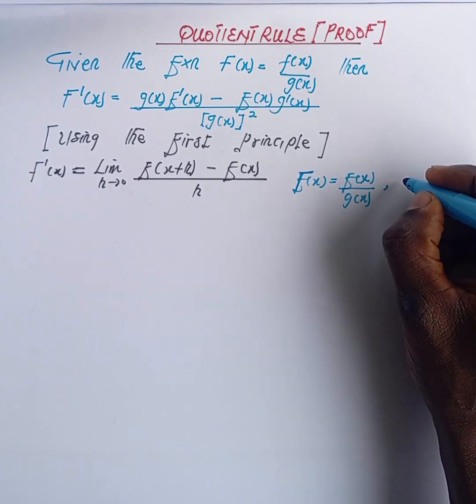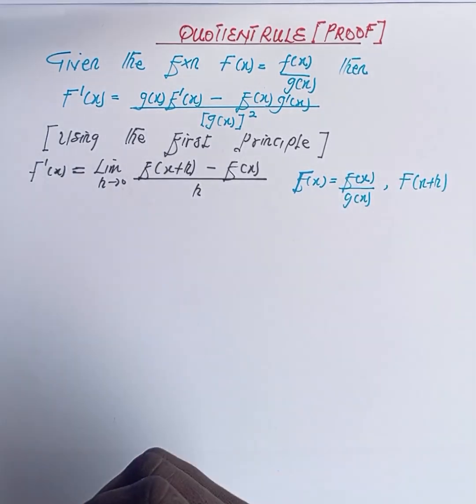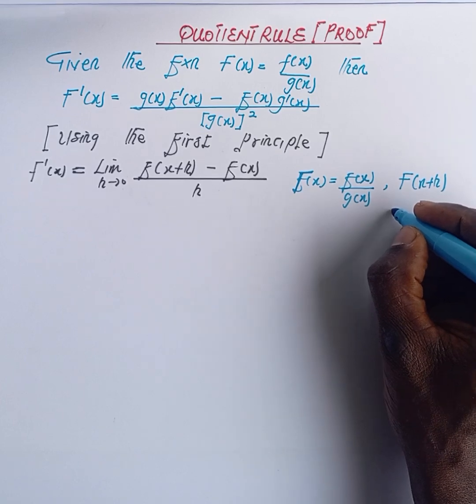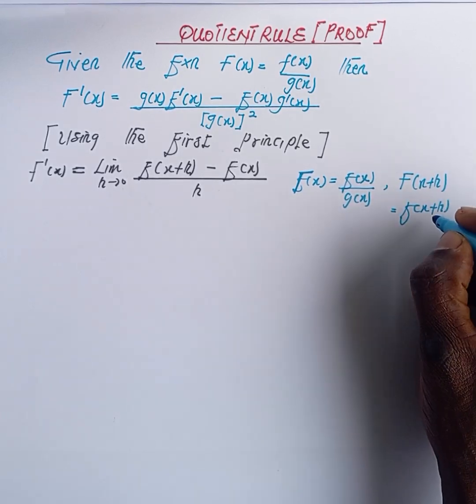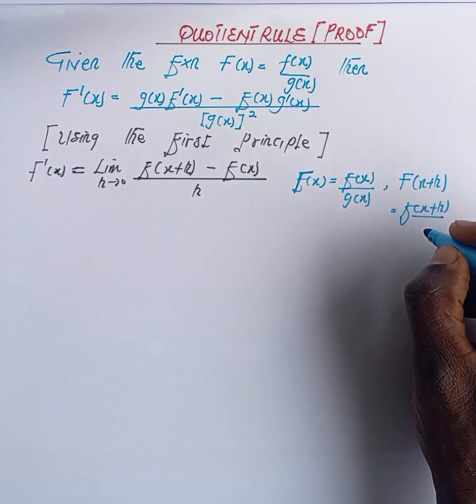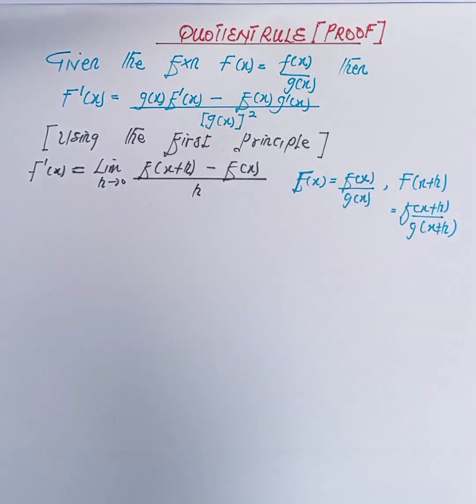And our capital F at x plus h is small f at x plus h all over g at x plus h. So we are just going to substitute this into the first principle formula.